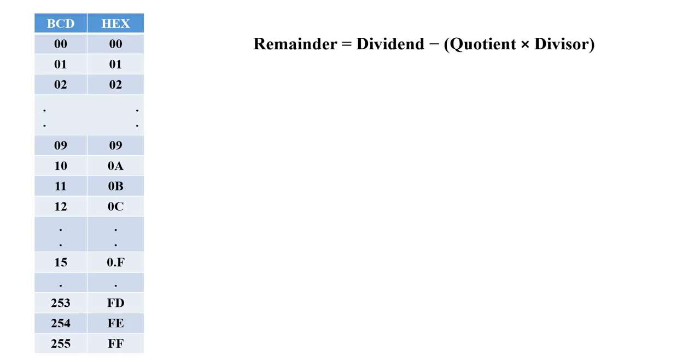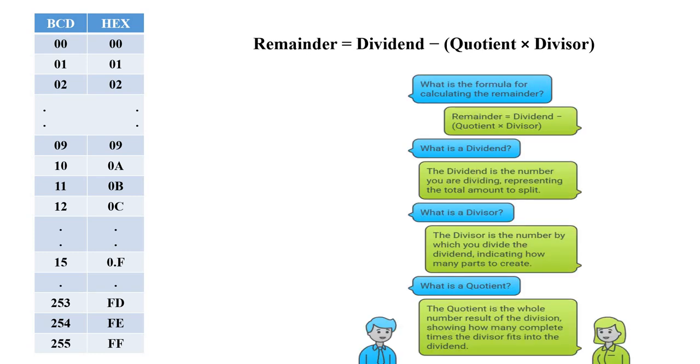Here we will be using a formula: remainder is equal to dividend minus quotient into divisor. This is the formula to find out the remainder. The dividend is the number which you are dividing, representing the total amount to split.